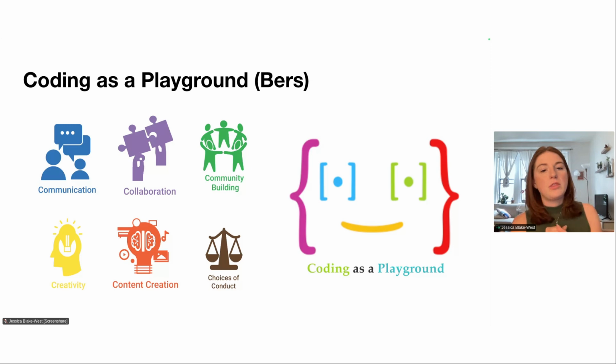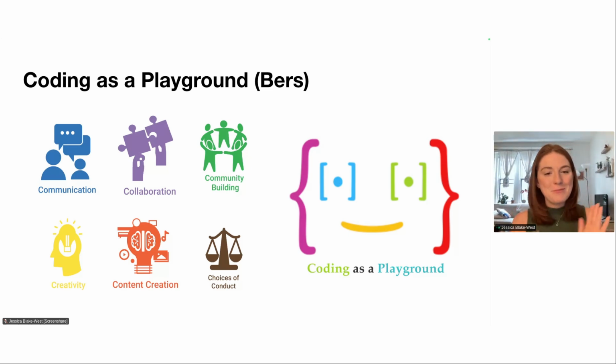We want to make sure that there is communication going on. Oftentimes that means we will talk about the stories beforehand and kids will brainstorm together, and then they will share their projects with each other afterwards. Collaboration. There's a lot of different ways that kids can code together. Maybe one kid does the beginning, one kid does the middle, one kid does the end, or they work as a group the whole time.